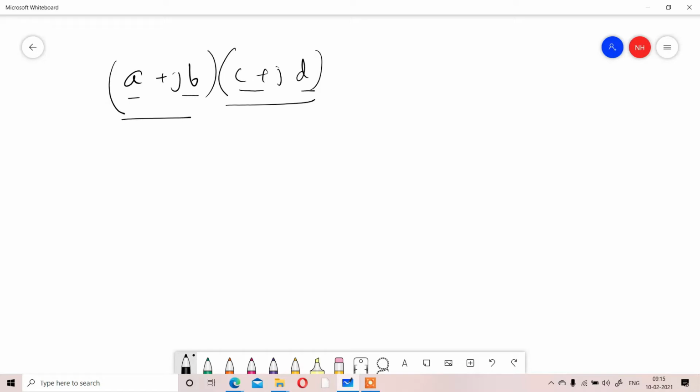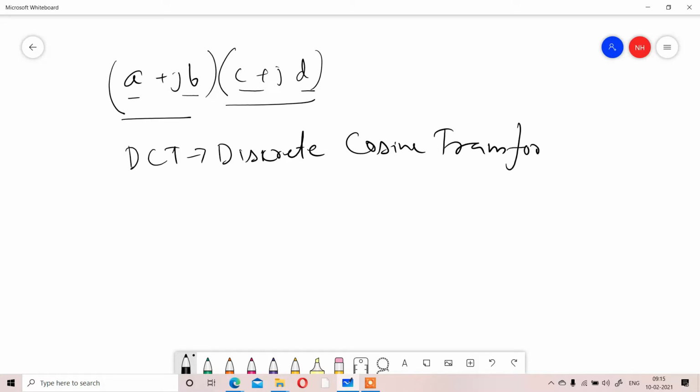There is another technique by which we can reduce the complexity. The technique is DCT, the discrete cosine transform. What is happening here? Whatever parameters of the transfer function we are considering, all the parameters are real.